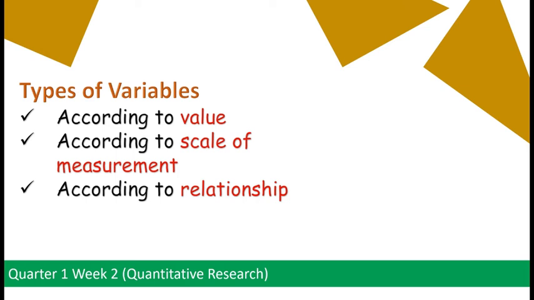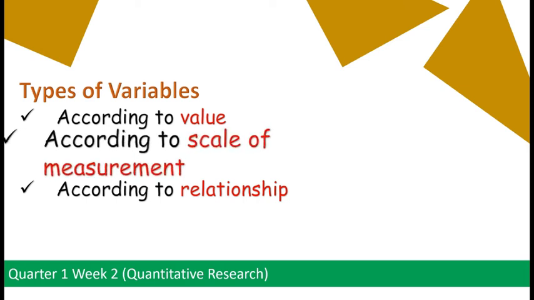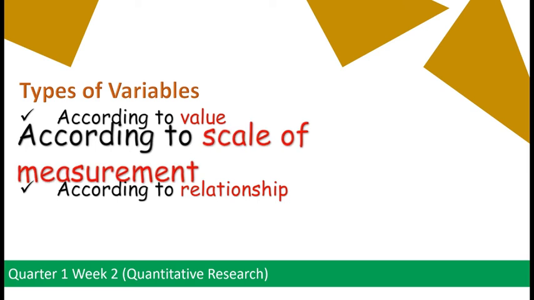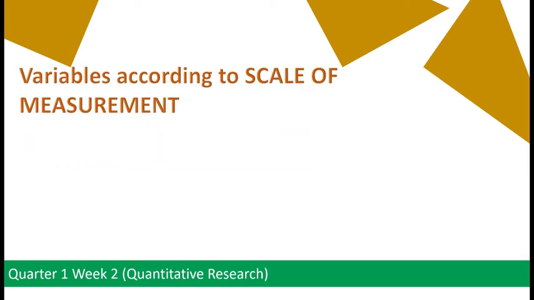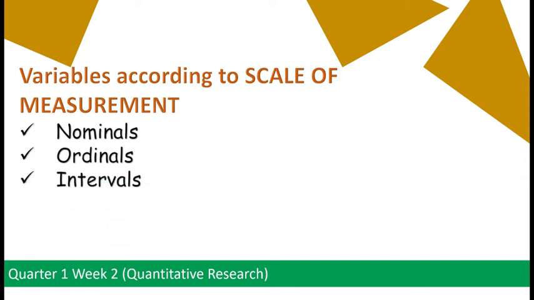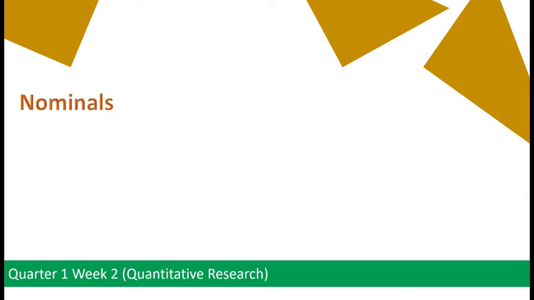Variables can also be classified according to the scale of measurement used. These variables include nominals, ordinals, intervals, and ratios. Nominal variables are also known as categorical variables. Their data are non-numeric labels that do not reflect quantitative information.